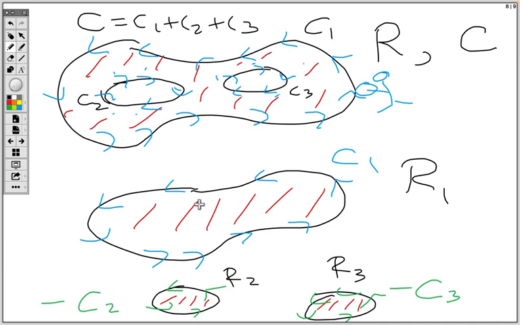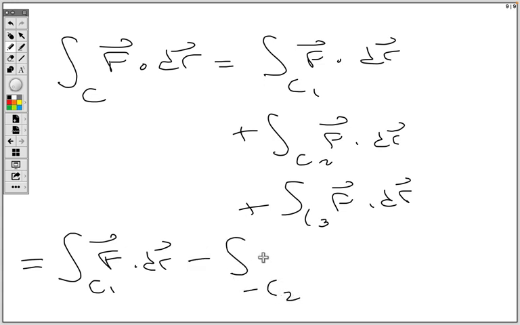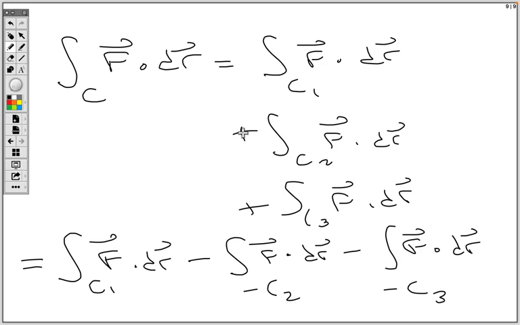So what I can do is rewrite that as the integral along C1 f dot dr, minus the integral around C2 f dot dr, minus the integral around C3 f dot dr. So I'm just doing minus and minus. I'll call this integral 1.